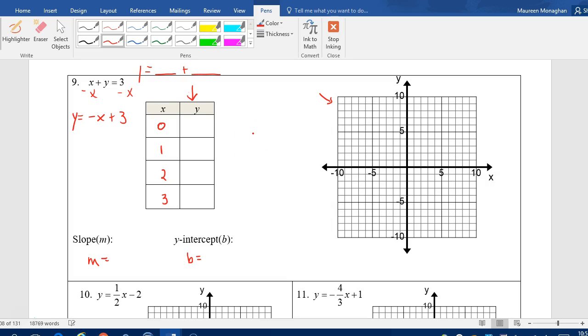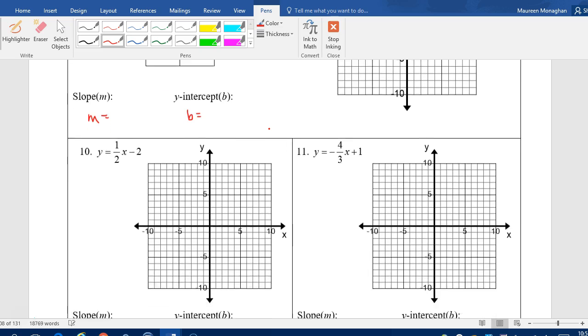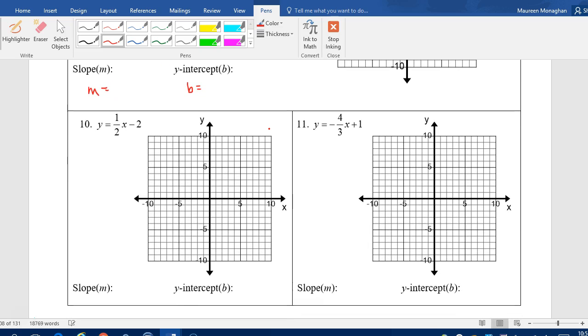And 10, I'm pretty confident you can handle. Well, you still have to make a table here. You got to make your table. They just didn't draw it for you. And here's another one. I'm going to actually help you with 10 because when we choose our x's here, look at this. We're going to have to take half of something. So I'm going to strategize and I'm going to use multiples of 2.